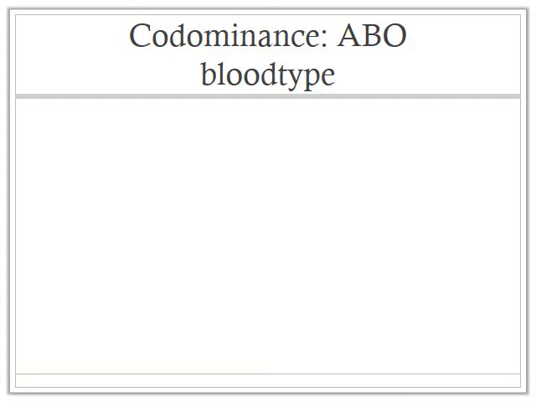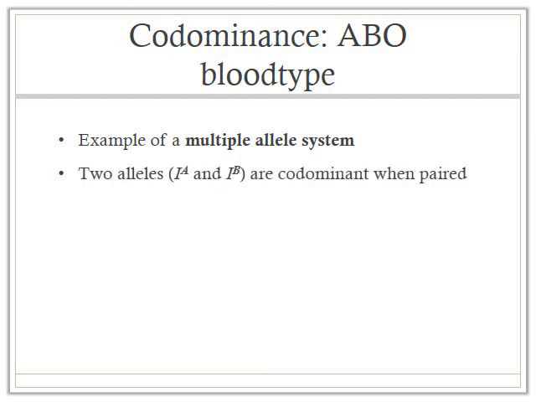Codominance. So we're looking at this ABO blood type. And so this is an example of a multiple allele system. So there are more than just big A, little a. We're dealing with more alleles than just two. The two alleles, big I superscript A and big I superscript B, or we'll just say A and B, are codominant when paired.